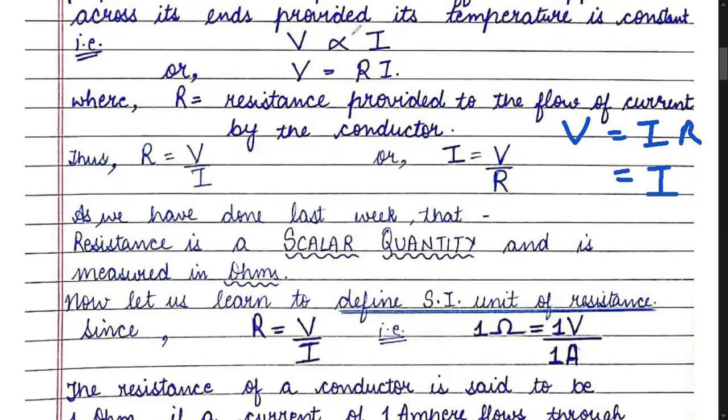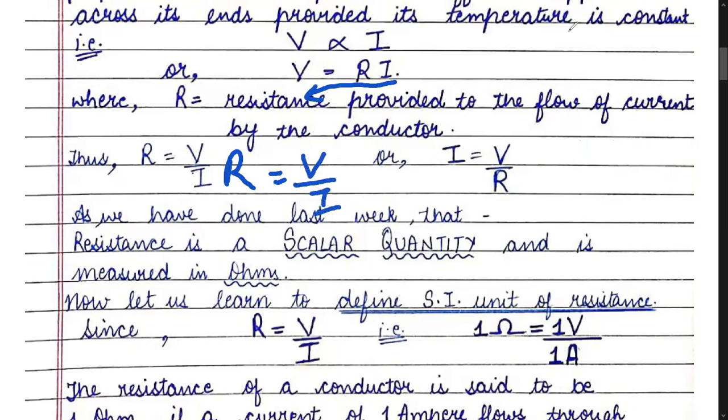So if we keep I on one side only, we'll have V divided by R, since R, if taken to the other side, will come in the denominator. So I is equal to V by R. Similarly, you have R is equal to V divided by I.